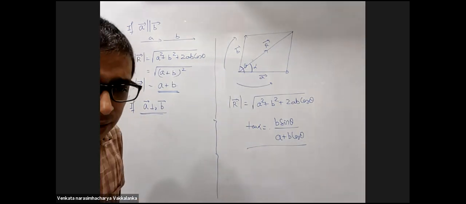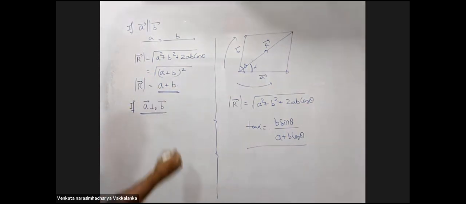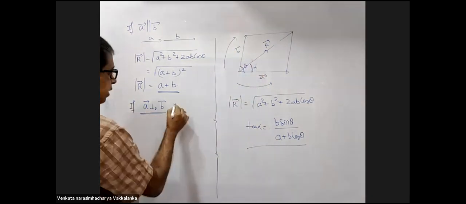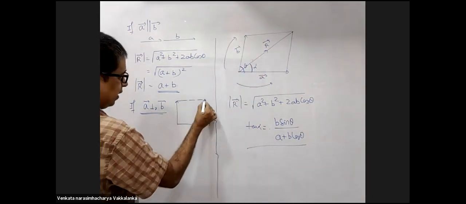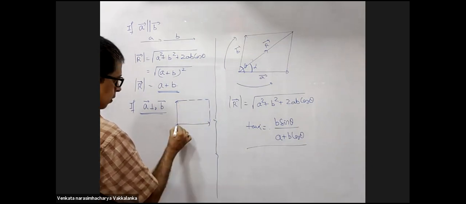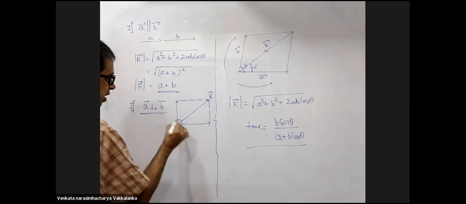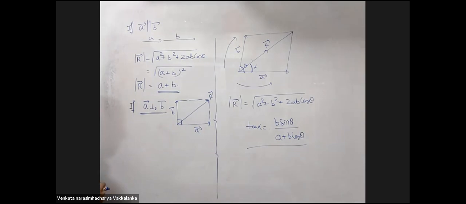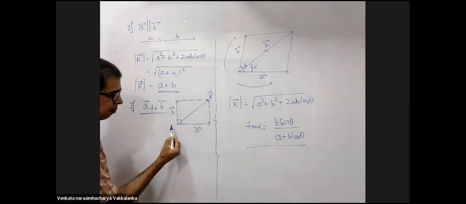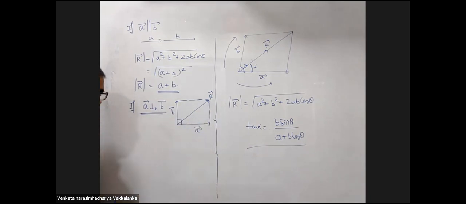If A is perpendicular to B, this is something that we will use quite frequently. Actually, you can see from Pythagoras theorem, if this is A, this is B, R will be root over of A square plus B square.